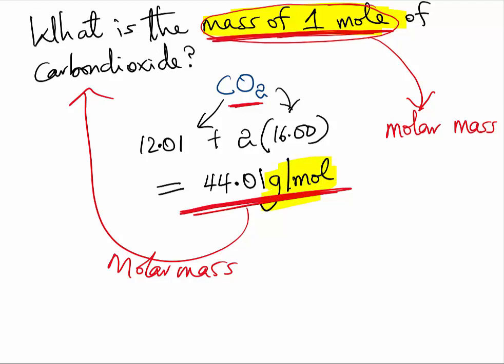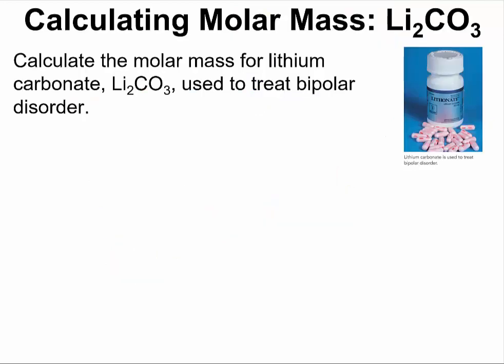So anytime you see gram per mole, which is another way of saying mass of 1 mole or molar mass, you now know what to do. To be sure that you get the concept of molar mass, let us answer this question together.